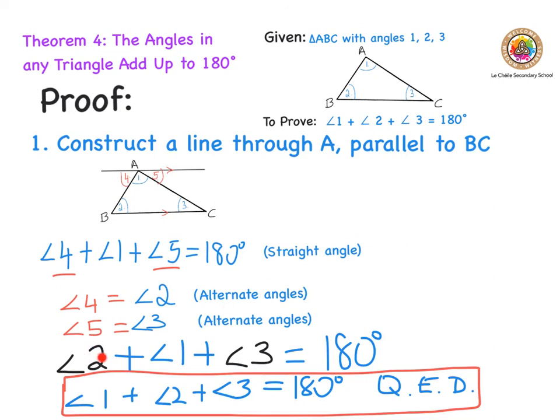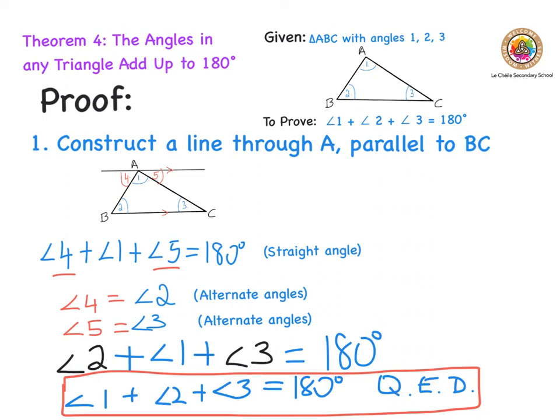And so, replacing 4 with 2, we have angle 2 plus angle 1, and replacing angle 5 here with angle 3, we have angle 2 plus angle 1 plus angle 3 is equal to 180 degrees. And then just writing them in order again, here we can see angle 1 plus angle 2 plus angle 3 is equal to 180 degrees.